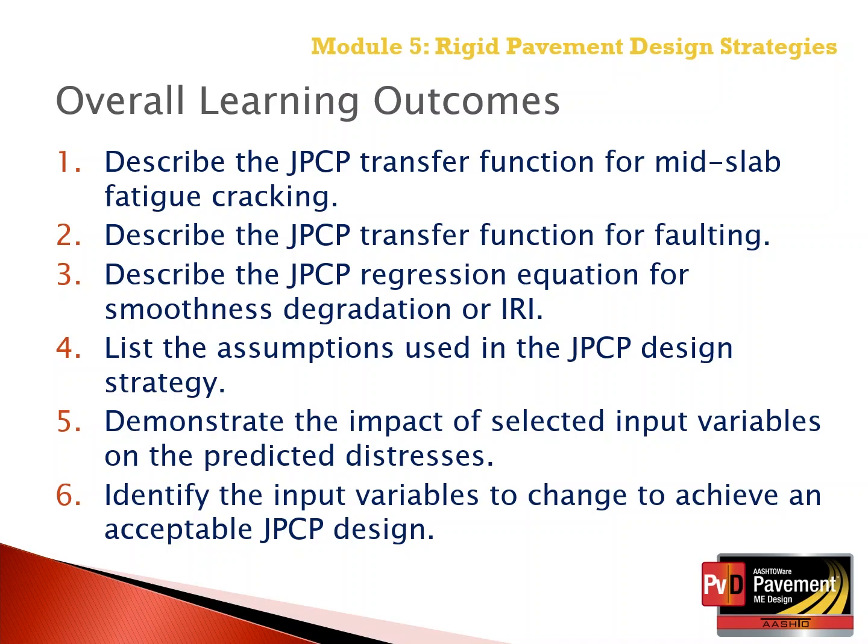We will also have learning outcomes for each individual jointed plain concrete pavement distress for the individual sections of Module 5.1 on JPCP, which include the learning outcomes also displayed on this slide.